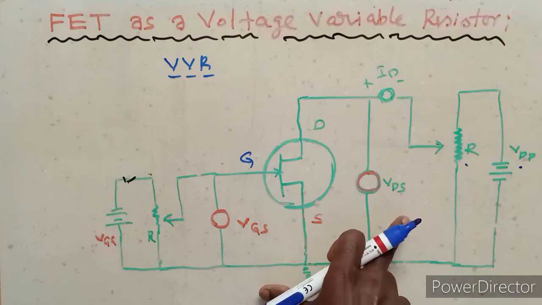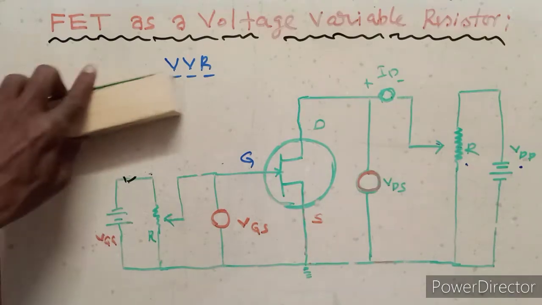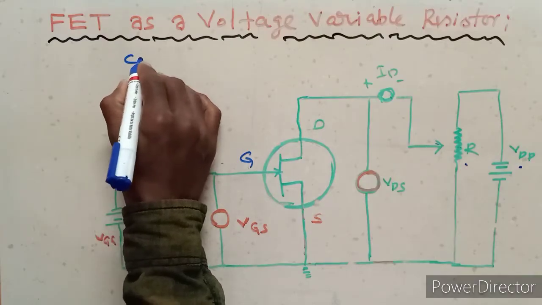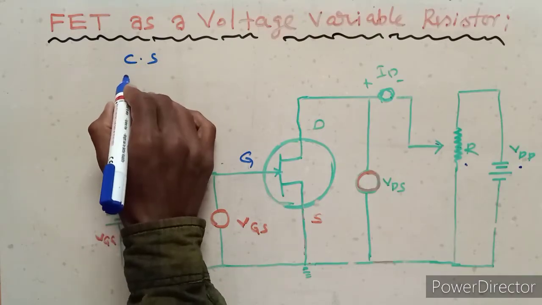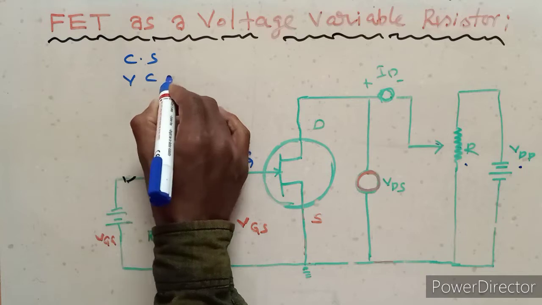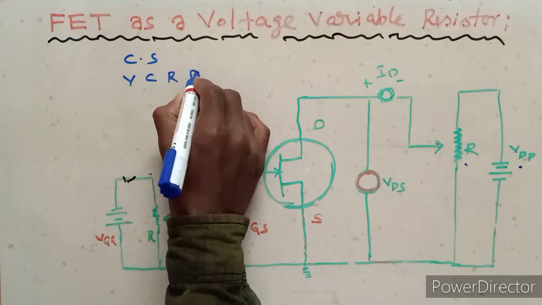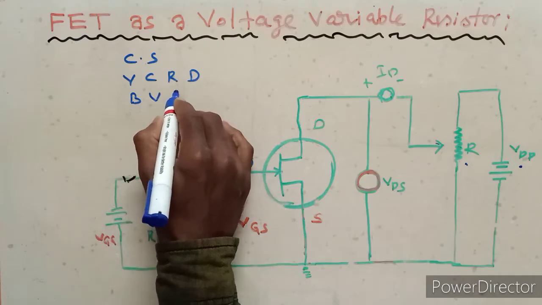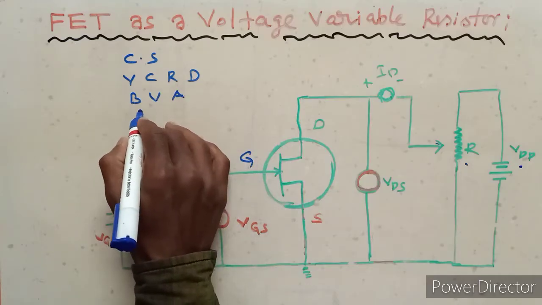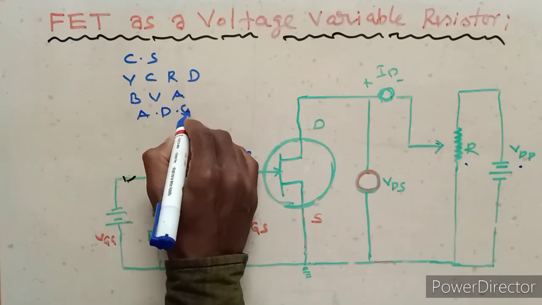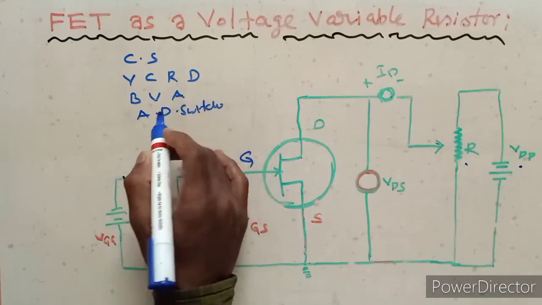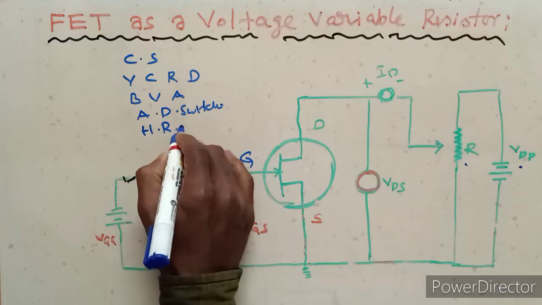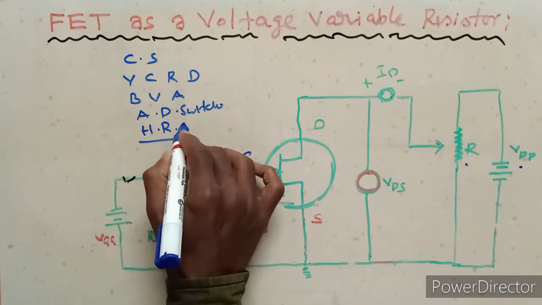In most applications, already we know that it is used in current sources, in voltage controlled resistance devices, in buffer voltage amplifiers, in analog digital switches, and in high resistance amplifiers.